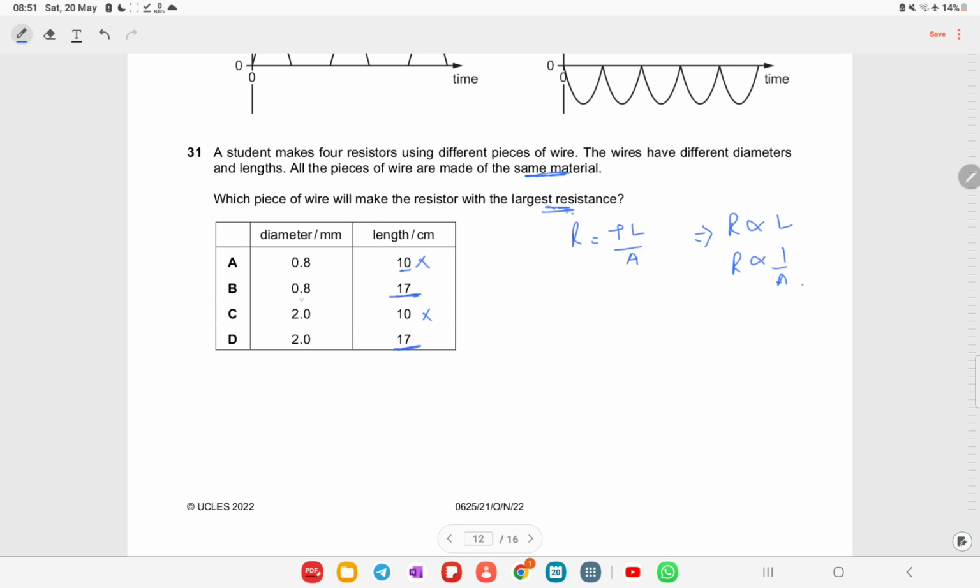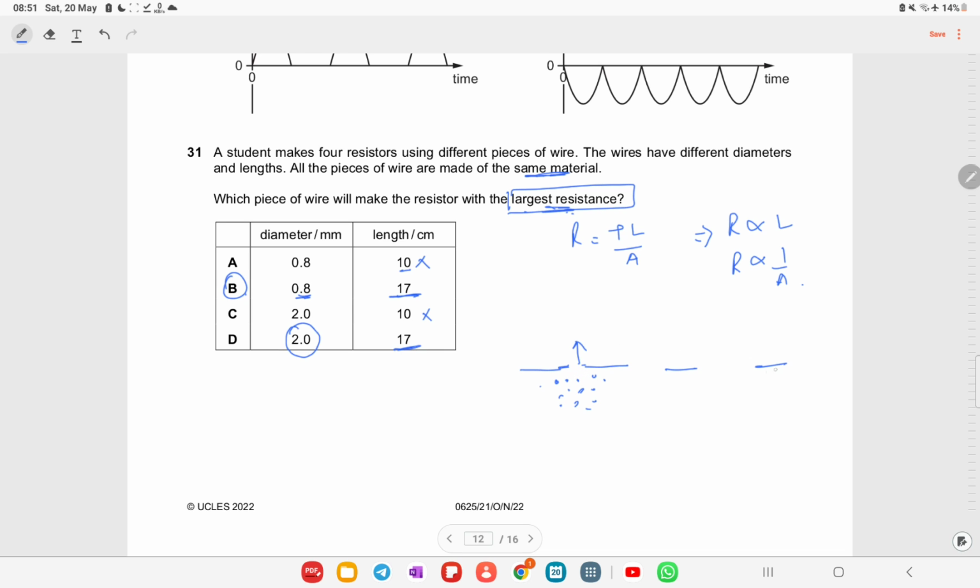Now we have to see the diameter. Over here the diameter is 0.8 and 2. Over here the diameter is 2, which is bigger, so the other one will give you the largest resistance. It's just like a group of people entering from a small gate: you will have a lot of hindrance in going in.